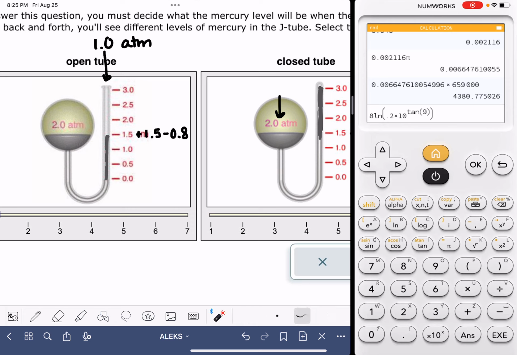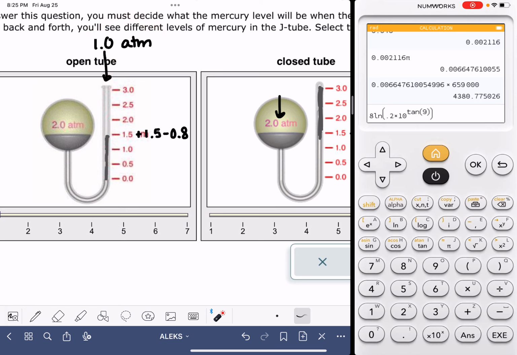So again, the 1.5 meters is where the mercury would be sitting if there was no pressure inside the bulb and no pressure outside the system as well. Not necessarily 1.5, but it would be sitting level. These heights would be level. The pressure inside the bulb is going to push the gas up, and specifically it's going to push it up by 1.5 meters. The external pressure is going to push the gas down, and specifically it's going to push it down by 0.8 meters.